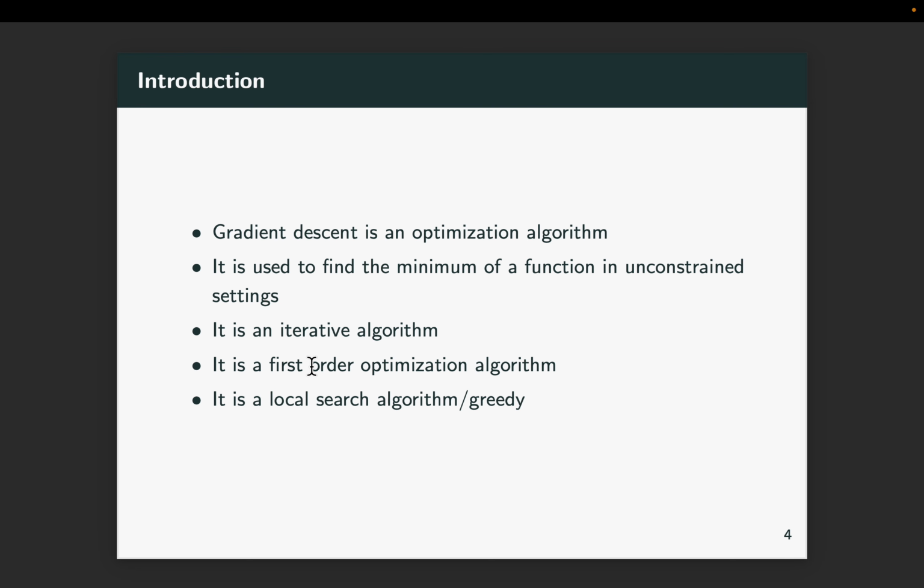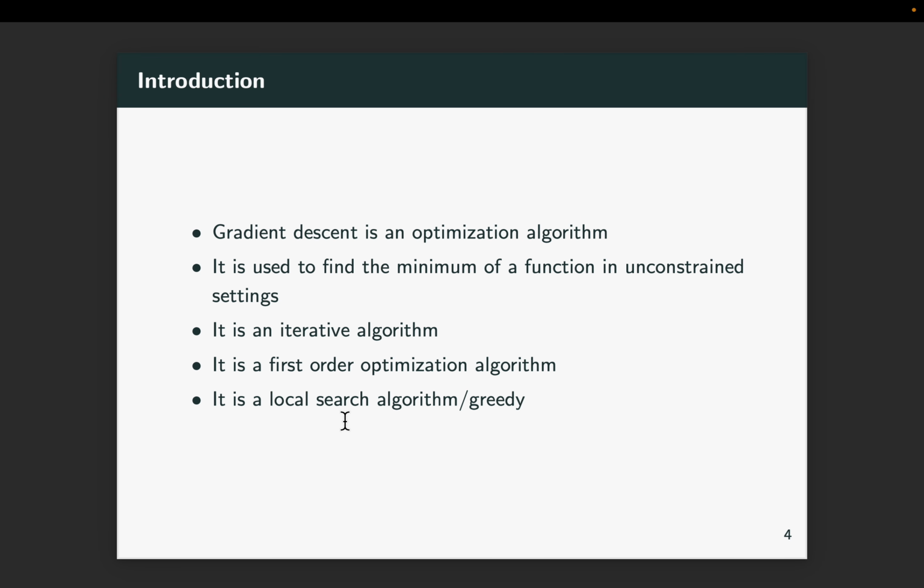The other details are that it's a first order optimization algorithm. What do you understand by first order method? Good. Whenever we hear terms like first order, the default answer in our head should be somehow related to the Taylor series, because that's where we also look at various order approximations. It is also known as a local search algorithm or a greedy algorithm.